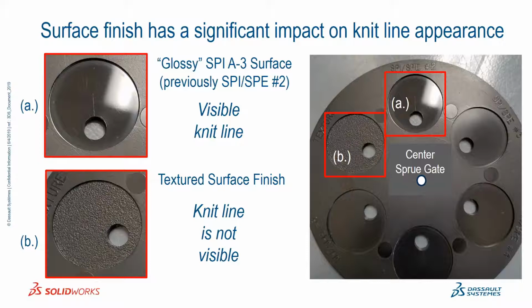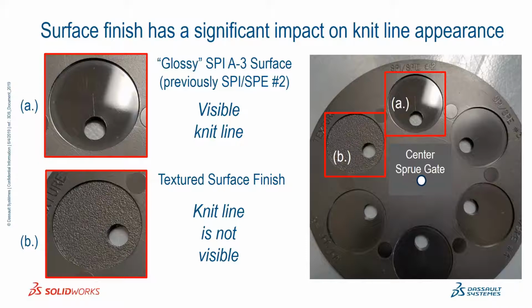And if we look at the same part, same material, literally the same shot, and we look at the textured surface, you don't see the knit line. It's there, but it's less visible. So probably the most significant way to disguise a knit that is going to be there would be with a textured surface.